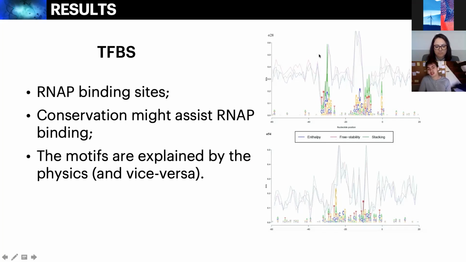So we can use the physical profiles to explain the consensuses, the preferences for certain nucleotides, this big island here of AT, and we can also use the nucleotide information to explain the physics. So one is assisting the other.